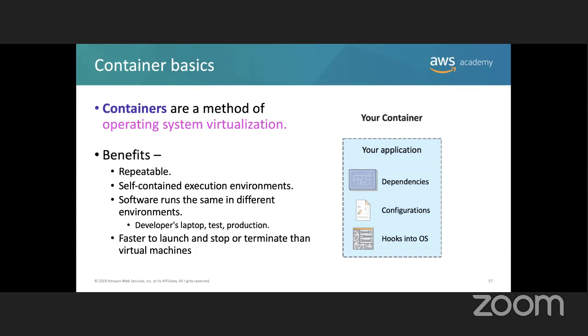If they go down, I don't have to go down. We're self-contained, right? And the software runs the same in different environments. So we have the same EC2 instances in different containers, right? And developer laptop, test, production, things like that. And it's faster to launch and stop or terminate than virtual machines.